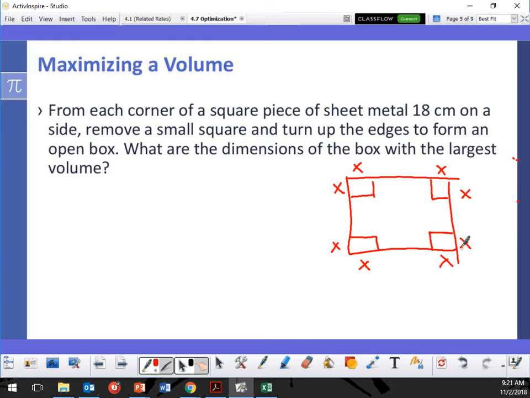Alright, so right here, and I know that this is 18 by 18 on the side.